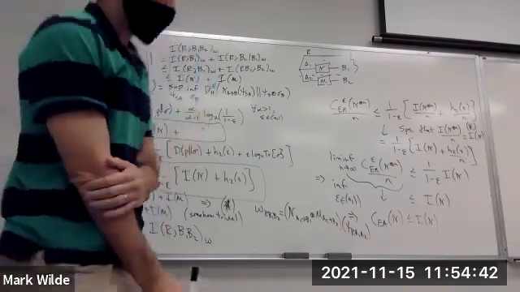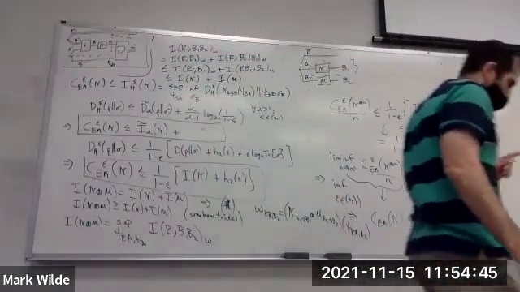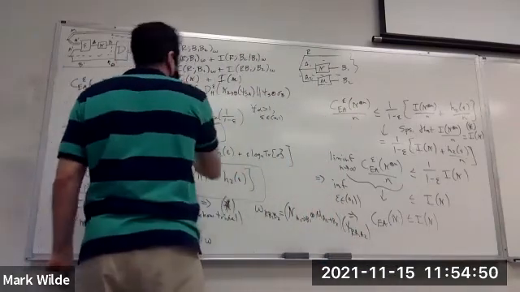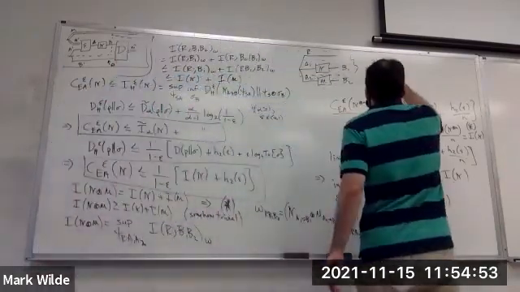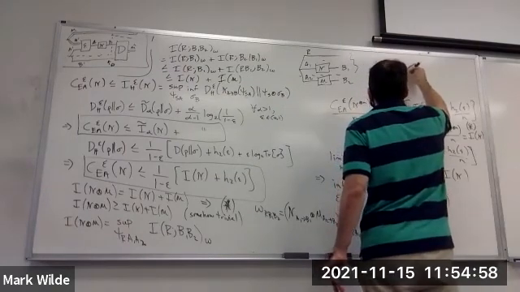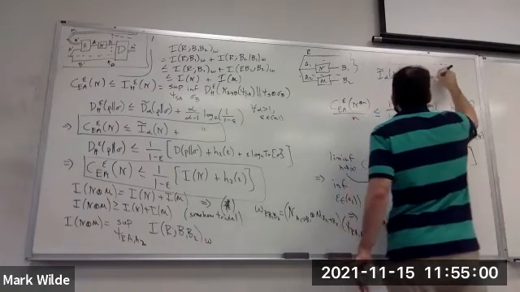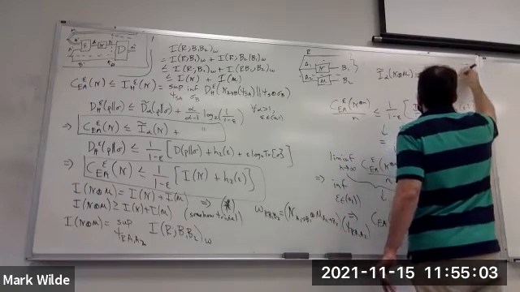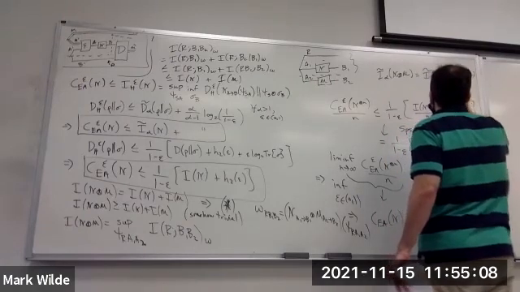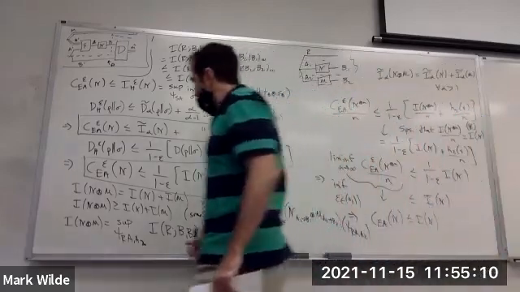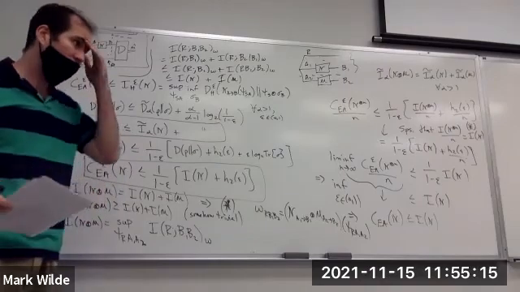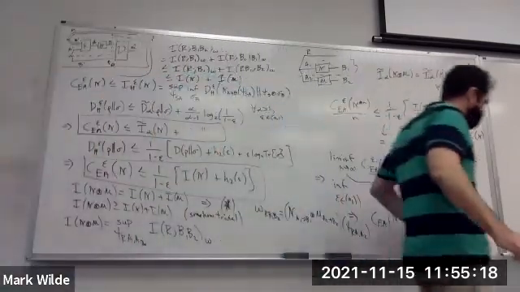All right, we're pretty much over time. Final thing that I'll say is that to get a strong converse bound, it is much more challenging to prove this additivity. But once you have that, you can combine it with this bound to get a bound on the strong converse capacity, to prove that the mutual information is also a strong converse.